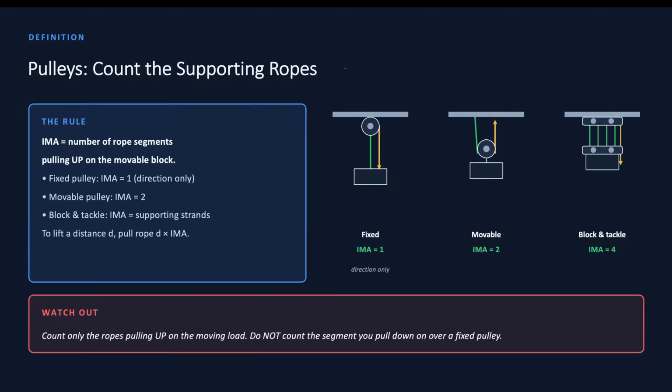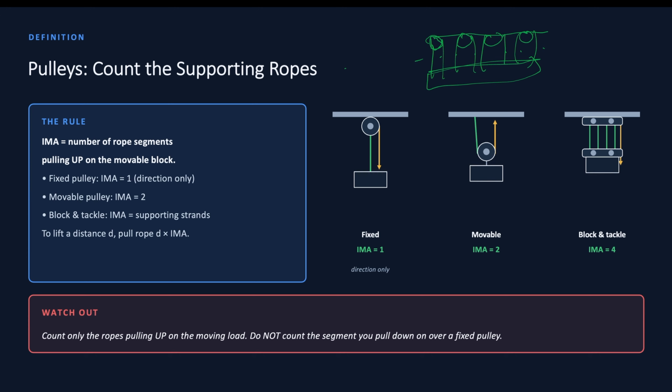So if you had, for example, 4 pulleys, and all of them had ropes like this, pulling up something big, if there's 1, 2, 3, 4, 5, 6, 7, 8 ropes, then whatever you're pulling, your ideal mechanical advantage is 8, because there's 8 ropes.